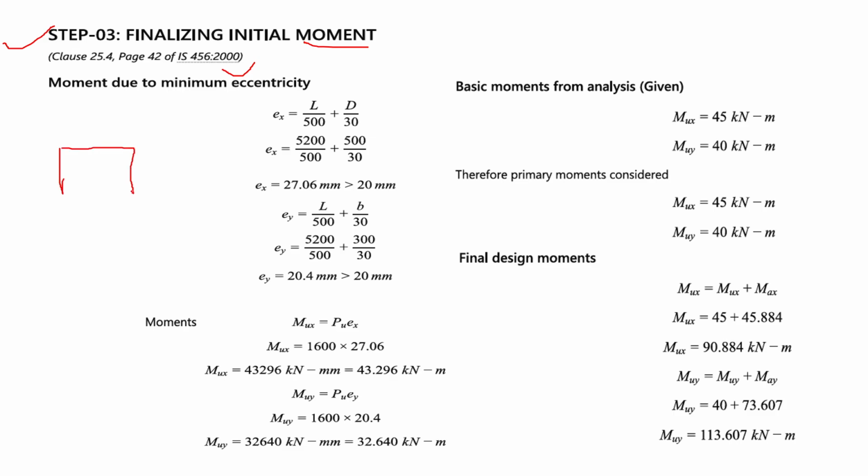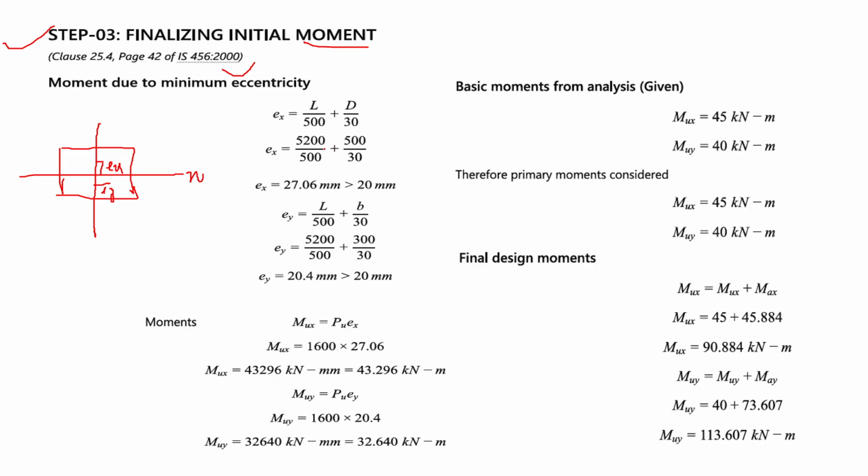Suppose this column is given, and this is the major axis x, and this is the y. Suppose this is the ex, and this point is the ey. So we assume that the load is acting here.